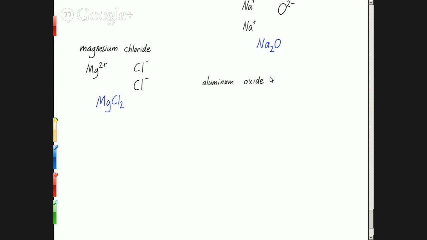AlO2. Let's look at the ions first. So we know oxide is what kind of ion? 2 minus. What about aluminum? Better figure out.